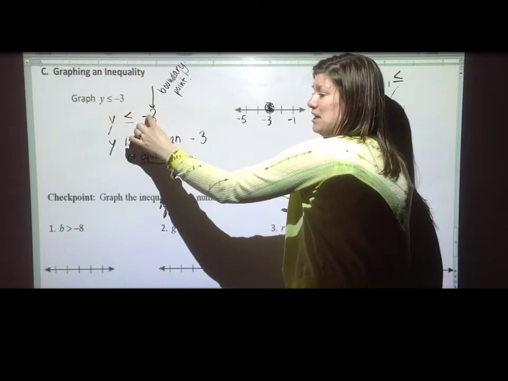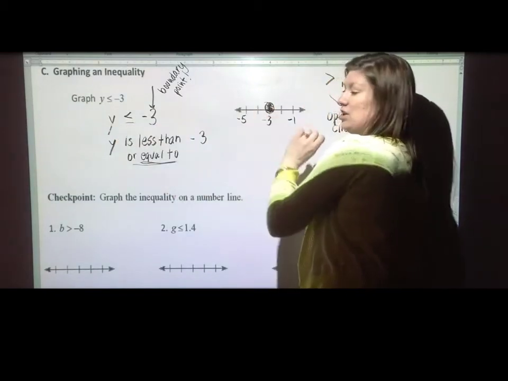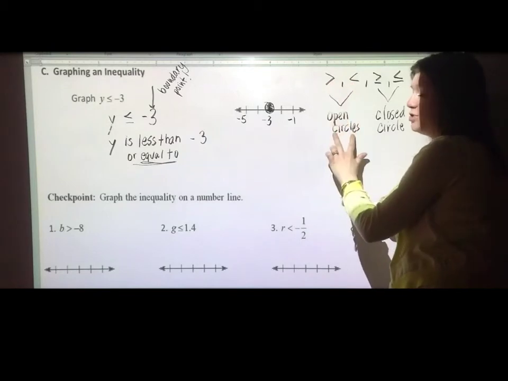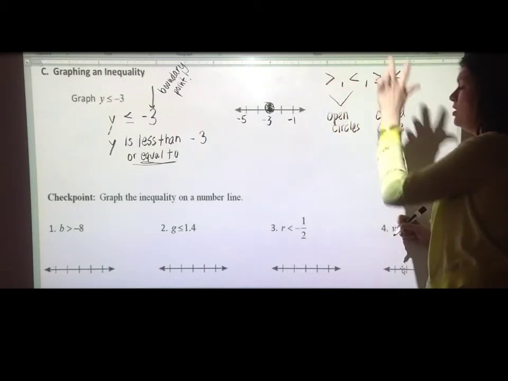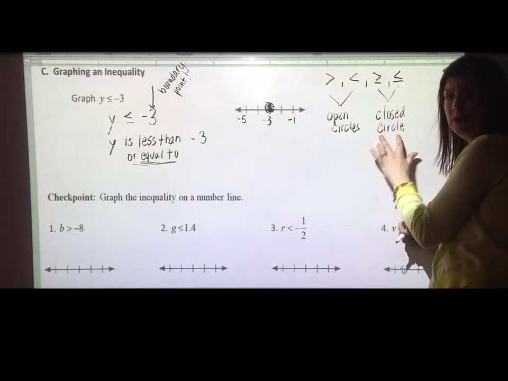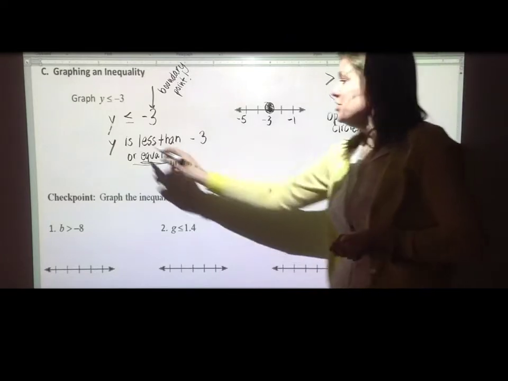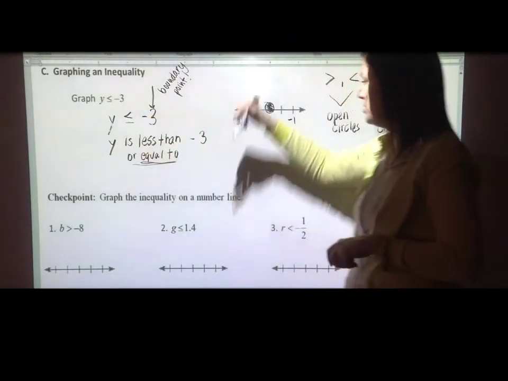And if it can be -3 because of this symbol, I shade my circle in. So remember, if these are the symbols in your inequality, use open circles on the boundary point. If these are the symbols in your inequality, use closed circles on the boundary point, because you're including the boundary point as a solution.